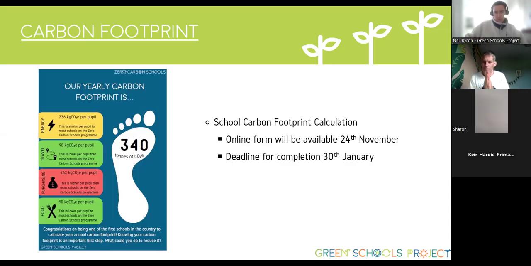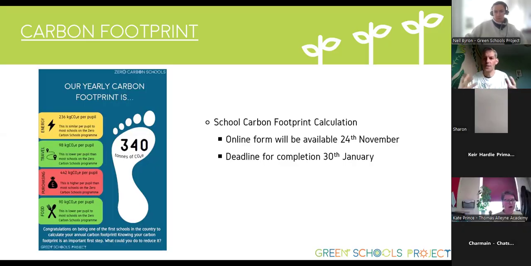So we developed a method for calculating an estimate of the school's carbon footprint, and we divided the carbon emissions up into four different areas: energy, travel, purchasing, and food. In the pupil sessions, they investigate those different areas so that they understand why the school's use of energy creates carbon emissions, and why travel to and from school creates carbon emissions.